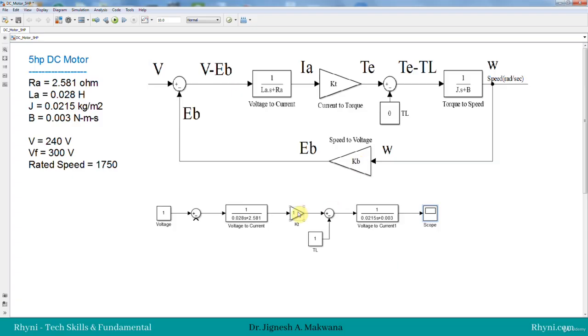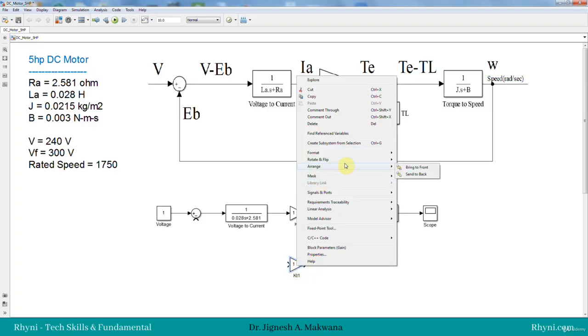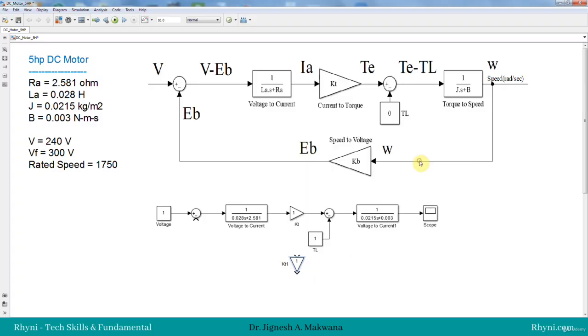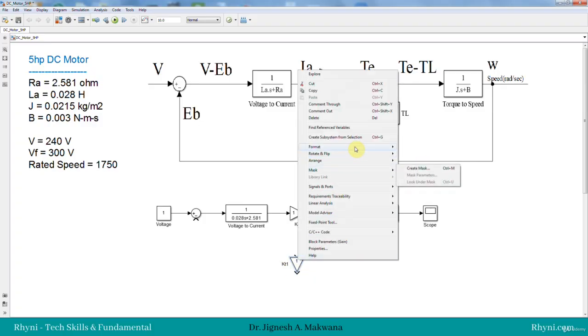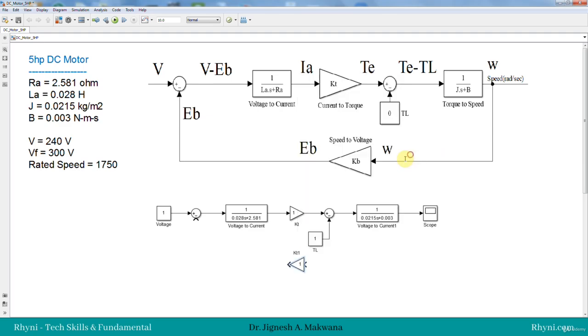We require one more gain, so I will right click and drag it. Rotate the block and name it KB. You can rotate the block with Control R. Press the control, select and press R.